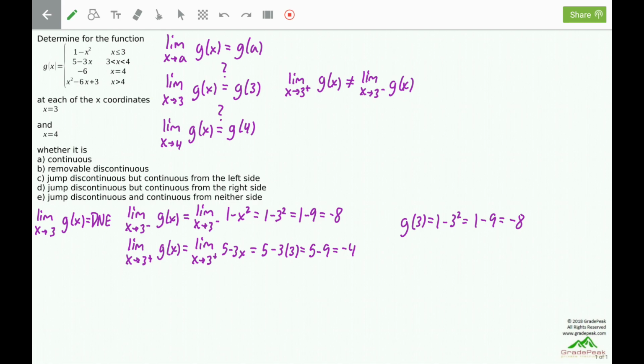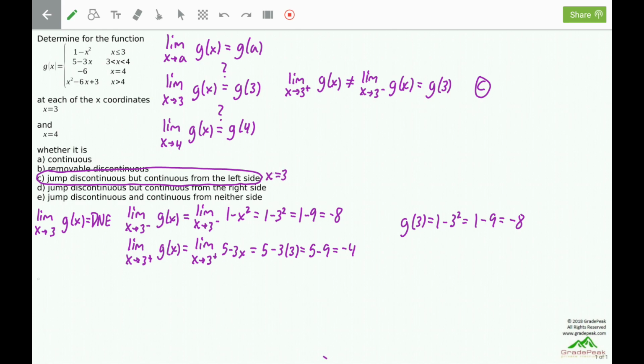And it turns out that g of 3 does match the left side limit but not the right side limit, so it will equal the left side limit, and therefore we still have it being continuous from the left side even though it is a jump discontinuity. That's situation C. So we will go with jump discontinuous but continuous from the left side for the x-coordinate of 3.